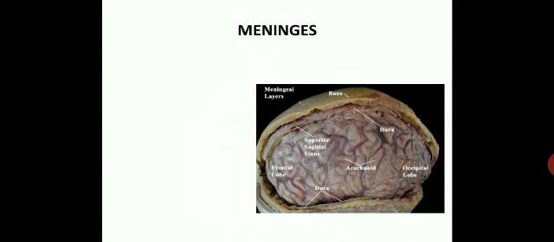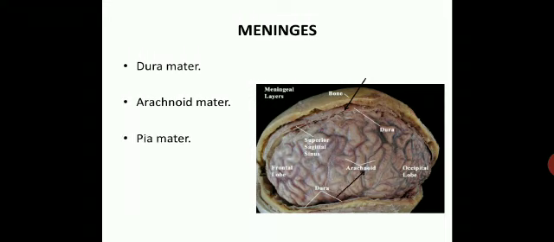The brain is covered by meninges from outside to inside. These are dura mater, where we can see the reflection of the dura mater which forms the outer covering, then arachnoid mater and the pia mater.